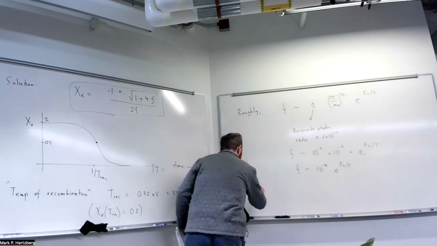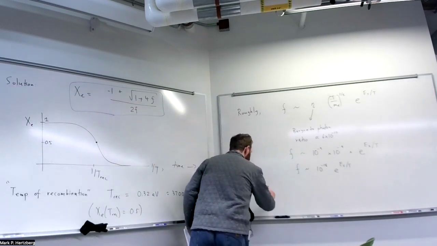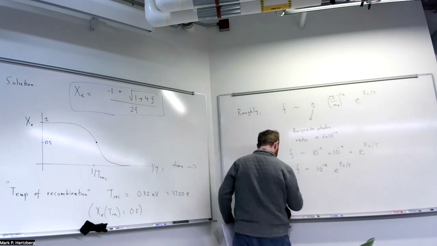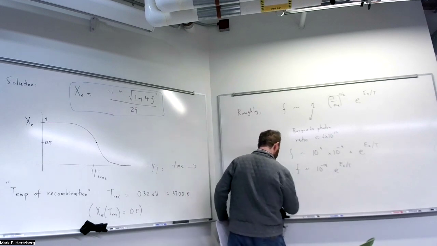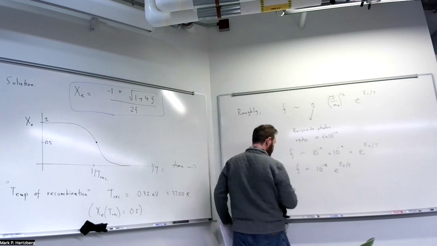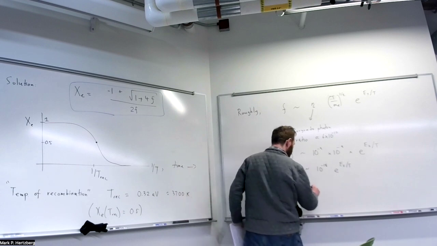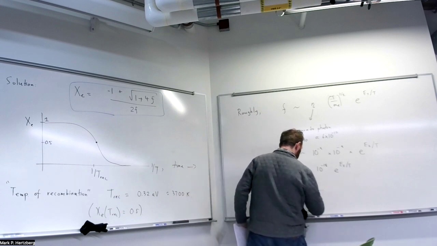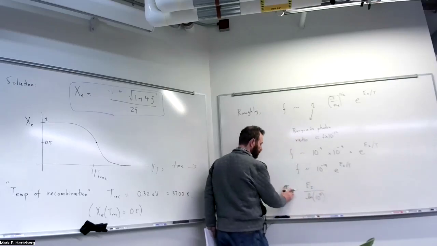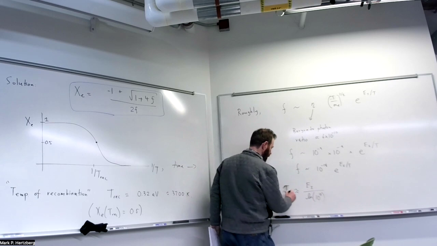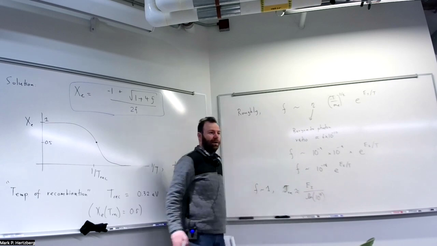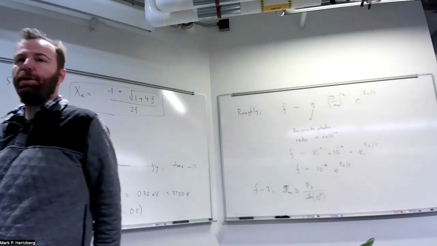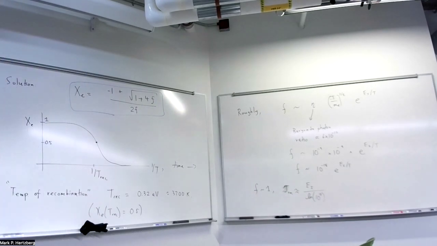So F to be, say, 1 or so means the temperature has to be the ionization energy somehow divided by the log of 10 to the 18. That's our very rough, lazy estimate for the recombination temperature. Okay, so somehow you don't just get to the point where you start to see the exponential.